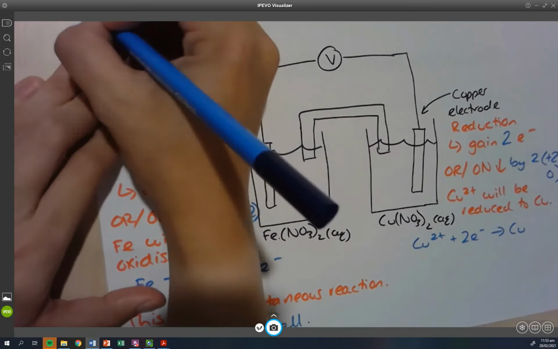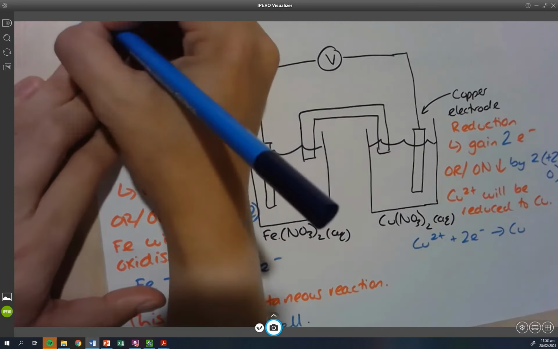So first off, make sure you're commenting on the electrodes and what's happening to them. So I will notice in this case, because the iron is going to iron 2, I would make the observation that the iron electrode will decrease in mass. It will get smaller. I would see that this would degrade, so you can draw it as a little degradation.